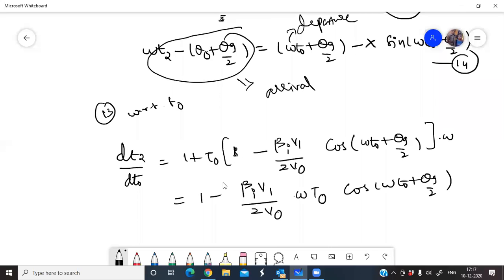In place of omega T naught you can write theta naught, that is 1 minus beta I V1 by 2 V naught into theta naught cos omega T naught plus theta z by 2.